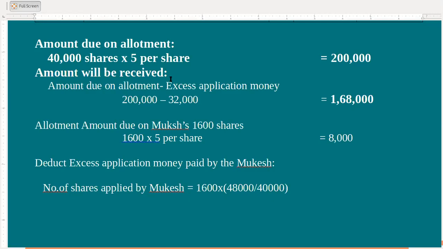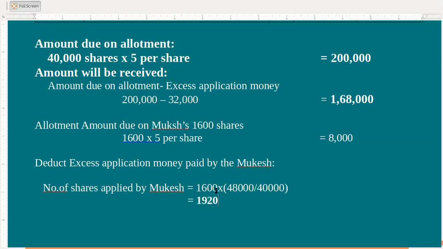Yes, anybody? Tell me the answer. 1,920. Yes, 1,920. Okay, listen. This is the number of shares applied by Mukesh.